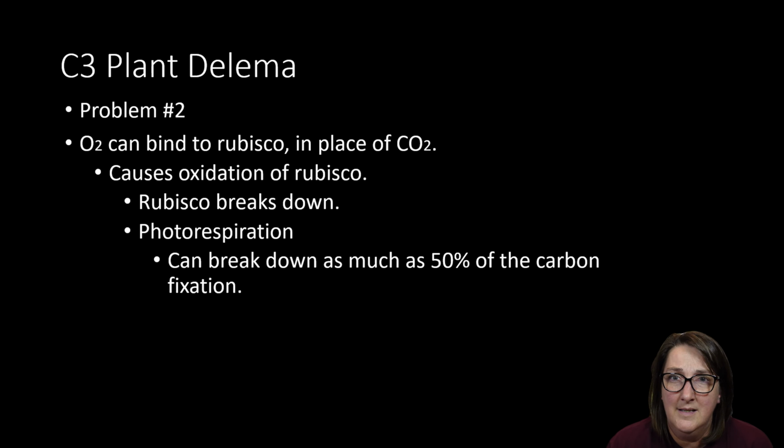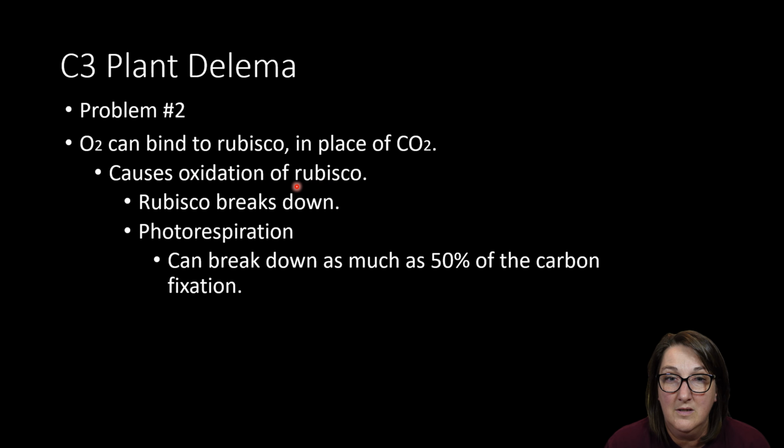Another problem is that when I have my stomata closed, I cannot bring in carbon dioxide to fix to the rubisco. Remember, carbon fixation. I need to fix that carbon to that rubisco. What happens is oxygen ends up binding to it instead of carbon dioxide. And then this causes oxidation of rubisco. Remember, Leo the lion says grr, lose electrons, you oxidize.